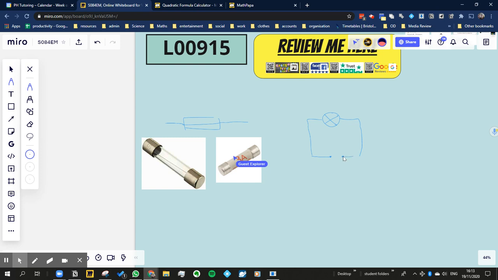and essentially the normal working current, whenever the current goes around this, whether it's AC or DC, but just draw it as if it's DC at the moment.